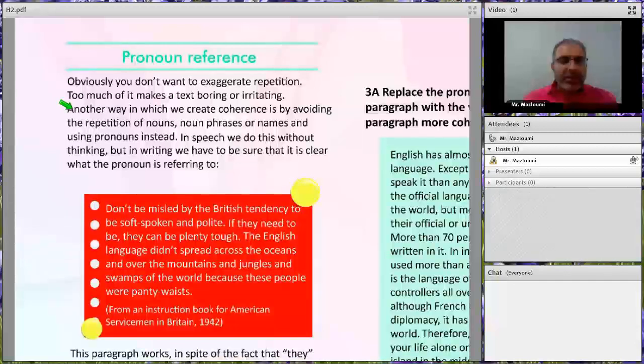Another way in which we achieve coherence is by avoiding the repetition of nouns, noun phrases, or names. So we stop repeating nouns, noun phrases, and names. What do we do then? We use pronouns instead of nouns and noun phrases.